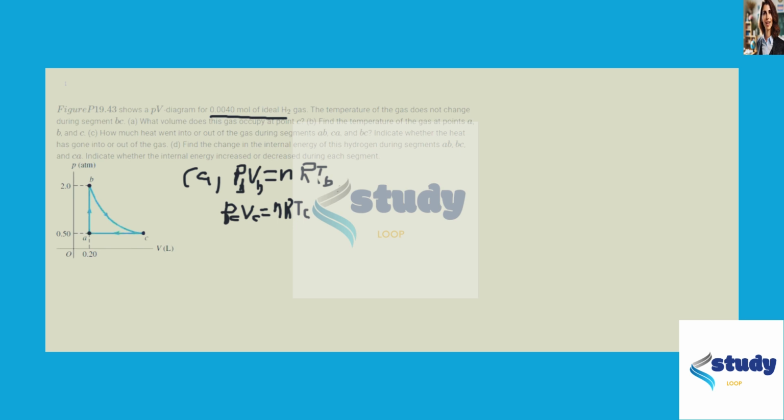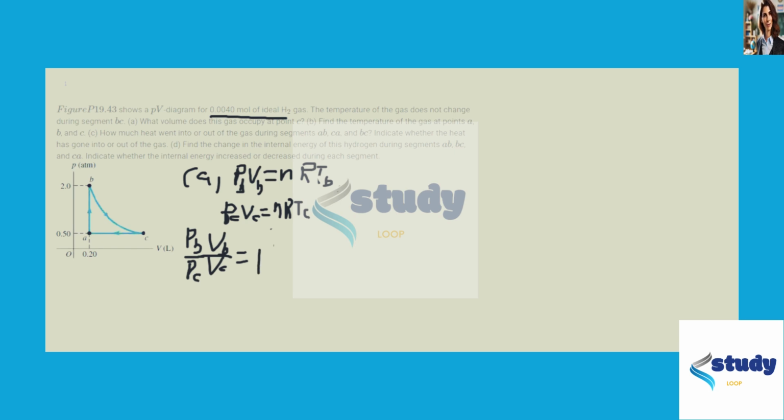You just use this equation divided by this equation. What I want to say here is PB times VB divided by PC times VC equals 1.